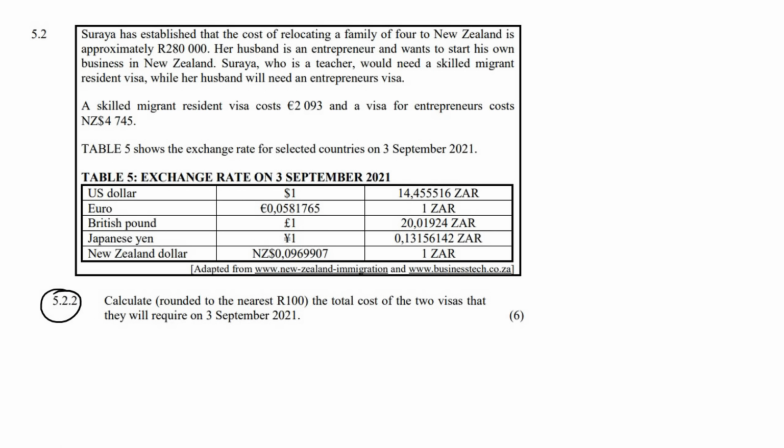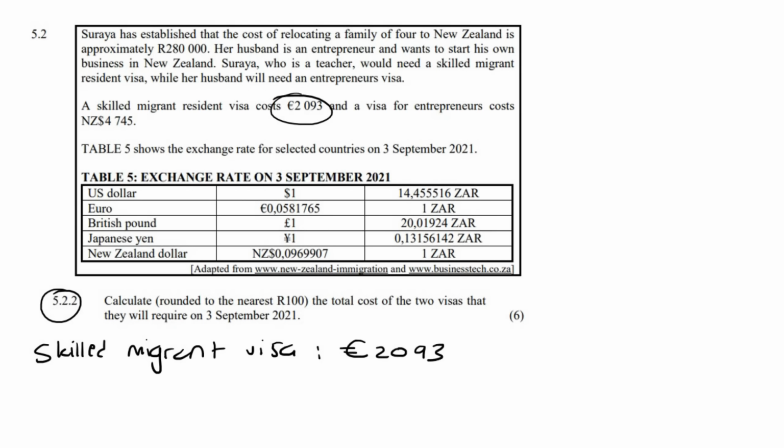Okay, now this question says, calculate, rounded to the nearest 100, the total cost of the 2 visas that they will require. Okay, so we're going to buy 2 visas here. We are going to buy a skilled migrant visa. So let's go do that one first. Skilled migrant visa. Now the cost of a skilled migrant visa is going to be 2,093 euros.